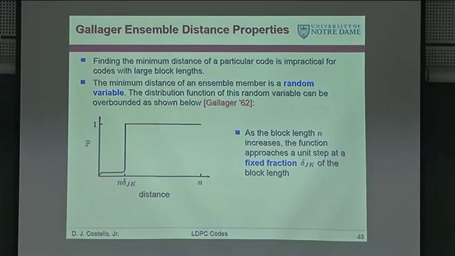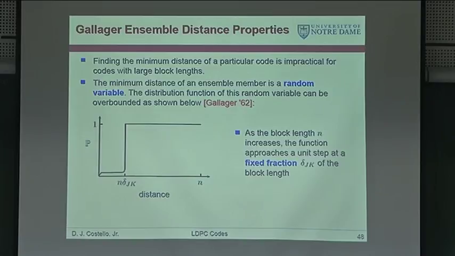The probability that we select a code, when this gets to be a unit step function for large n, the probability that we choose a code, if we chose one randomly, that had minimum distance at least this amount, would be essentially 1.